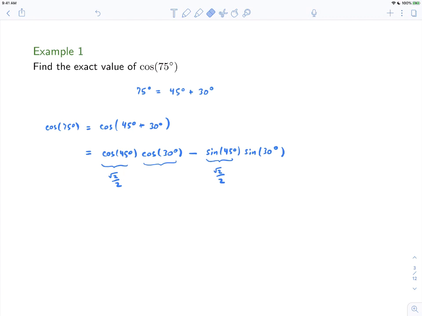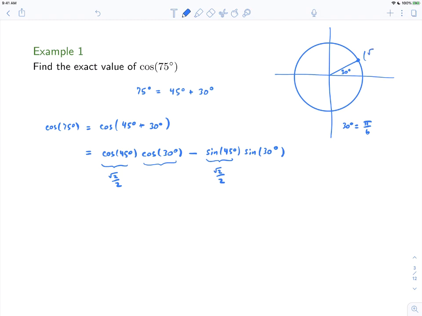If you're not sure, it might help to draw a little unit circle, like so. So 30 degrees is the same as pi over 6. So this is 30 degrees. And 30 degrees is pi over 6 radians. So this point right here has a larger x value than a y value.